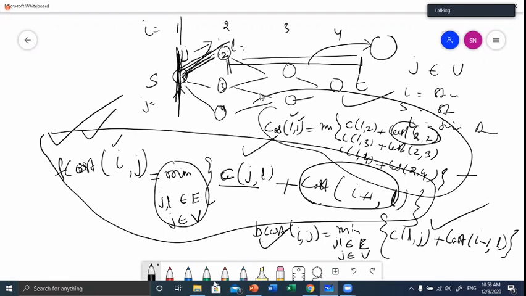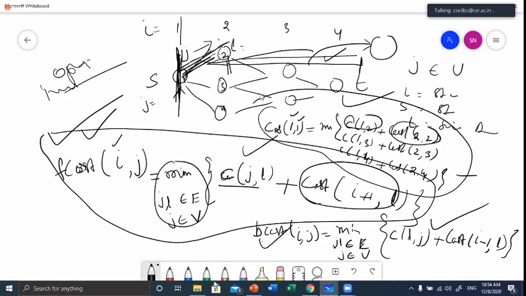That means this is a first stage output. This first stage output, I'm going to use as the second stage input. Are you clear at this point? This is nothing but the implementation of the optimality principle.